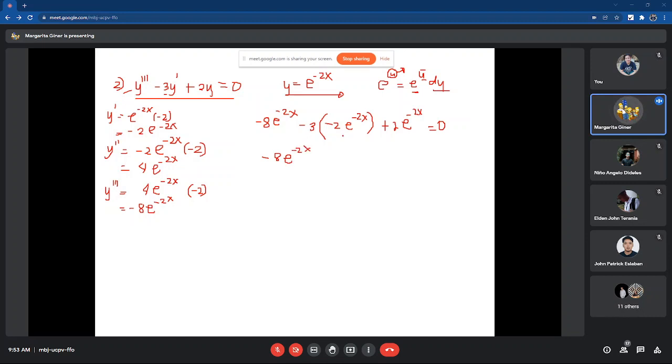So, negative 3 times negative 2, negative times negative becomes positive 6e raised to negative 2x plus 2e raised to negative 2x is equals to 0. So, negative 8, positive 6, plus 2, negative 8 plus 6 plus 2 is equals to 0. So, meaning to say 0 is equals to 0. So, meaning to say this is a solution.